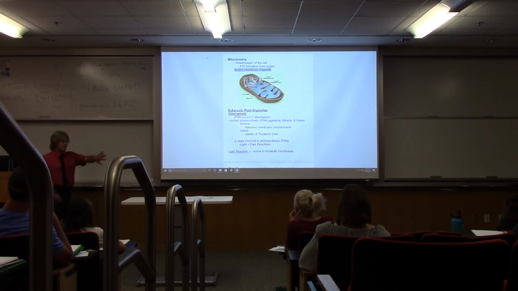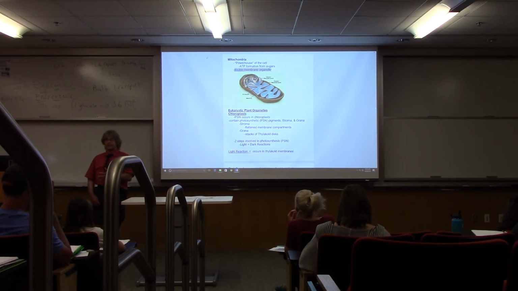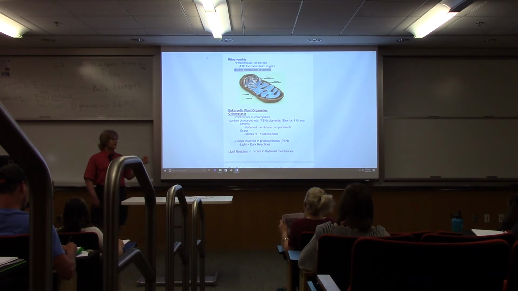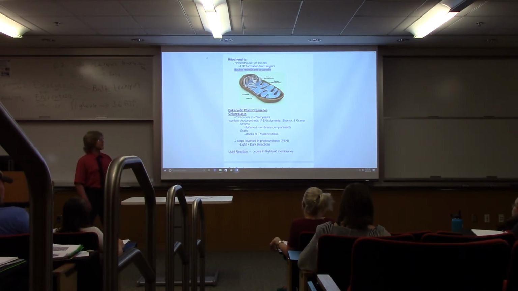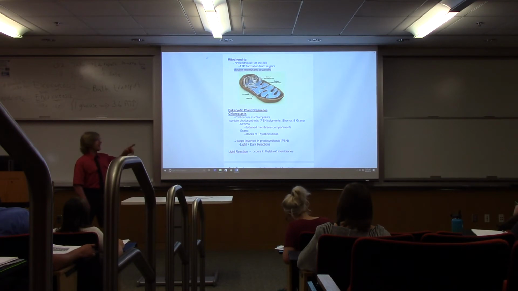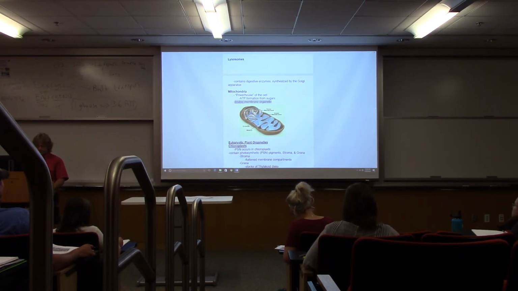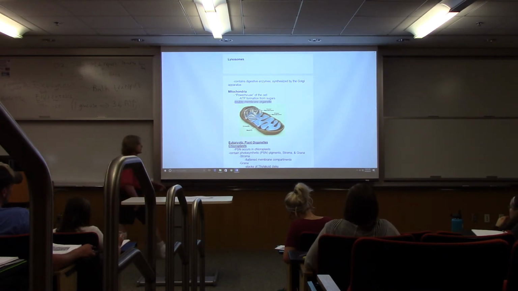You need a membrane to establish gradients. And here we're going to see two membranes, just like in chloroplasts. Any energy needs a lot of gradients, any type of energy. And these are known as cristae, these folds within the double membranous organelle known as the mitochondria.